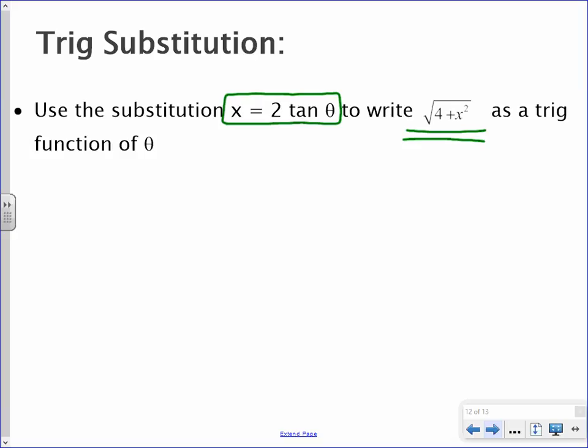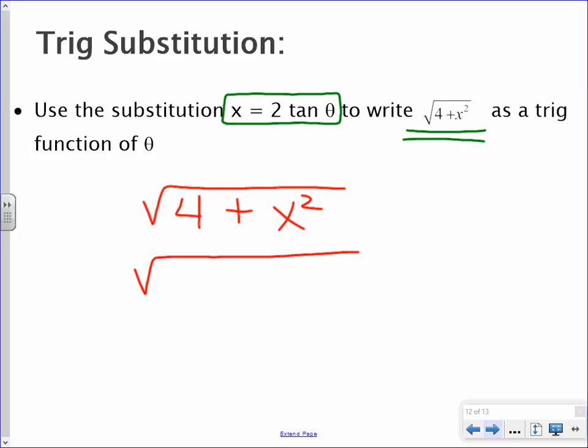Okay, so what we're going to do is we're going to take this radical 4 plus x squared, and we're going to use trig substitution to rewrite that in terms of theta. Okay, so they have given us that x is 2 tangent theta. So I'm going to replace x with 2 tangent theta.